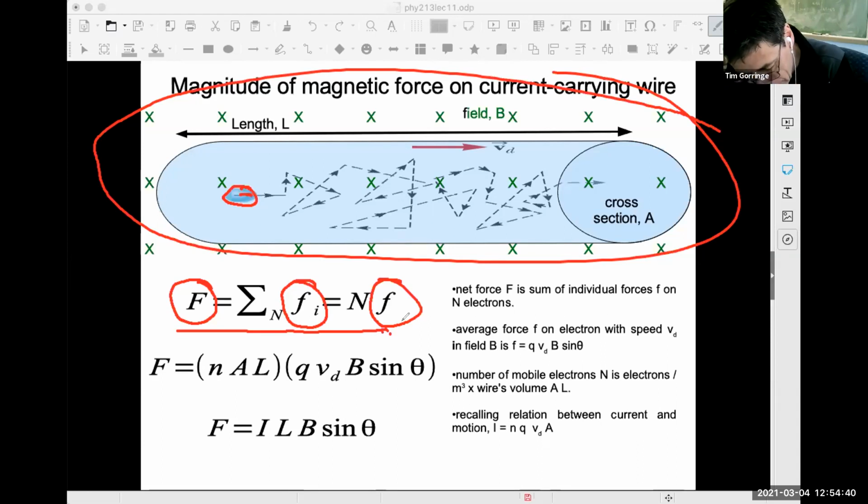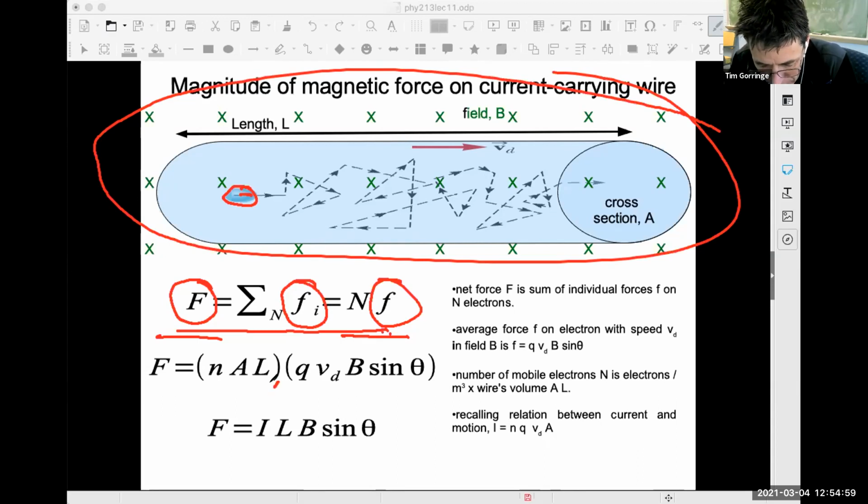So I'm going to use this relationship between the total force on the left and this drift force on the right, and I'm going to fill in for N and lowercase f.